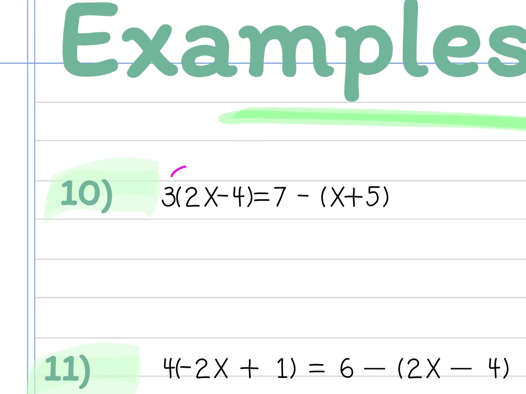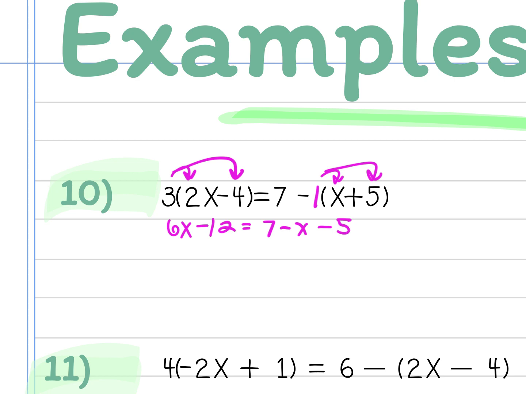But here, let's distribute my 3. So 3 times 2 is going to give me 6x minus 12. Agreed? Equals 7. What is in front of that parenthesis that's after that minus sign? What is that? It's a negative 1. I need to distribute that negative 1. So this becomes minus x minus 5.